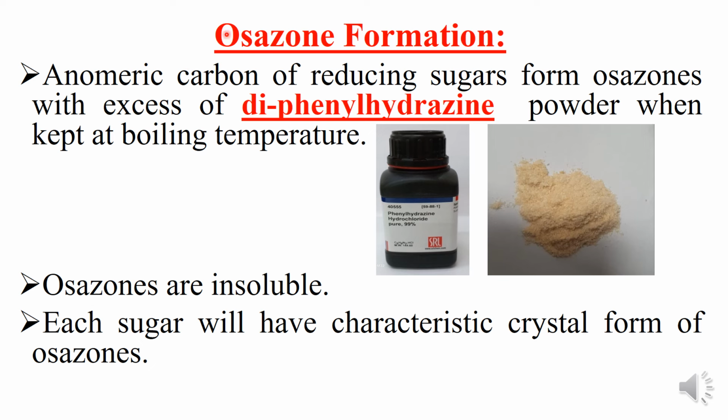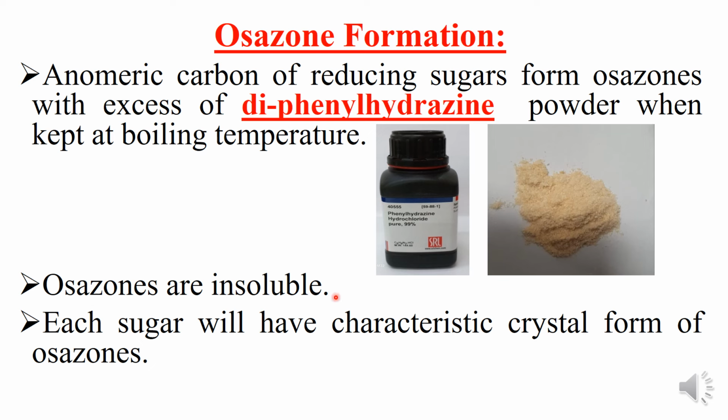Now we come to the third property shown by anomeric carbons, and that is the formation of osazones. The anomeric carbon of reducing sugars forms osazones with excess of diphenylhydrazine powder when kept at boiling temperature. This is diphenylhydrazine powder. You will come to know this better when you perform it in the lab.